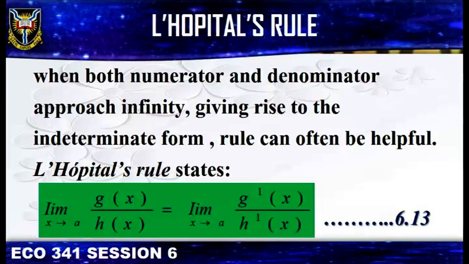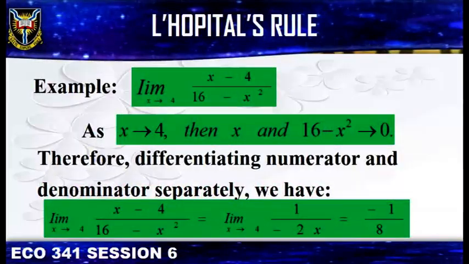L'Hopital's rule states: the limit as x approaches a of g of x over h of x is equal to the limit as x approaches a of g prime of x over h prime of x. Equation 6.13. Example: the limit of x minus 4 over 16 minus x squared as x approaches 4.